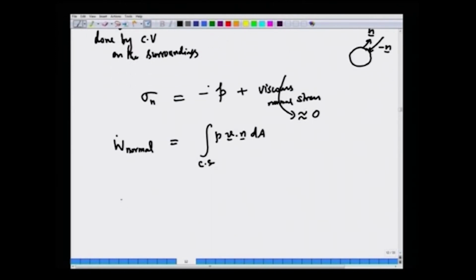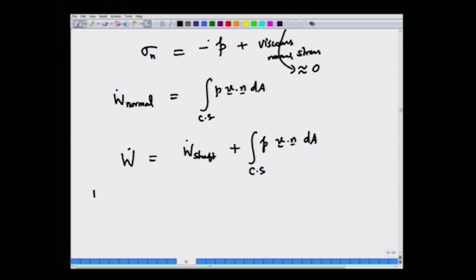So, the total rate at which work is done is the shaft work, when the control surface cuts across rotating elements such as shafts, which convey energy or work in or out of the system, plus the term P V dot N dA.